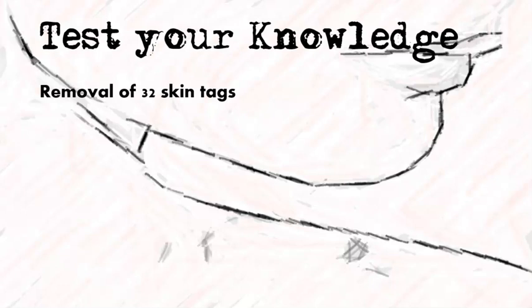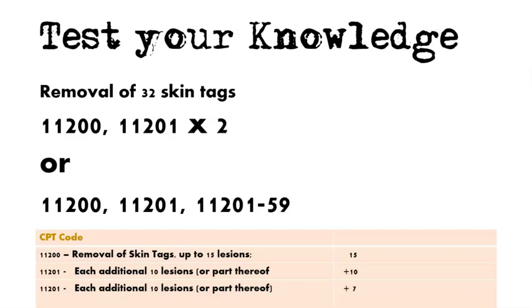The codes are 11200 and 11201 times 2, or 11200 for the first 15 lesions, 11201 for the next 15 lesions, and 11201 with modifier 59 for the last 7 lesions, making it a total of 32.